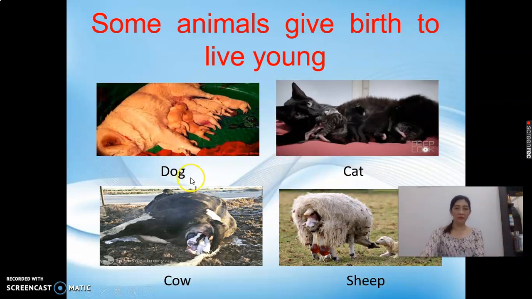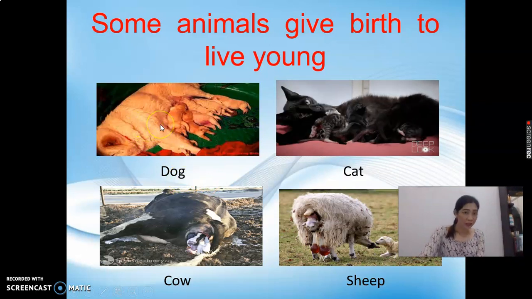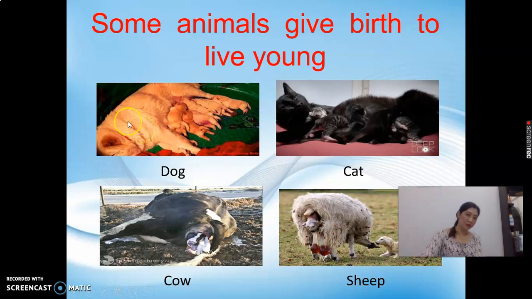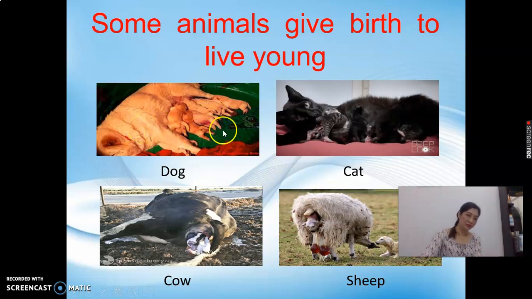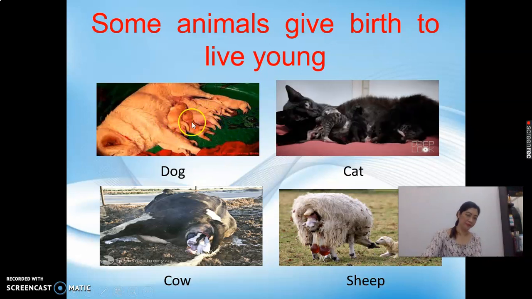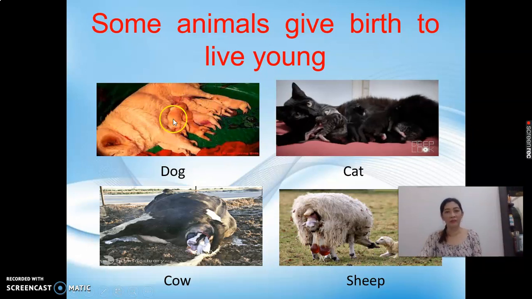So the first is dog. When they get pregnant, the mother and her puppies. So they give birth.